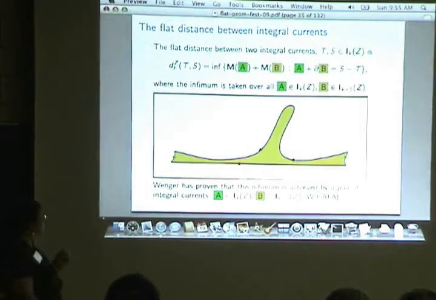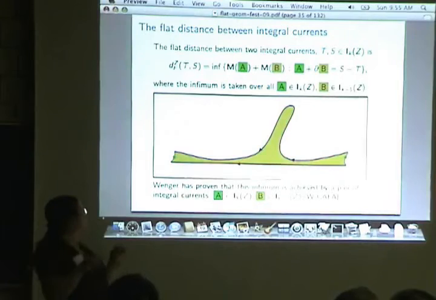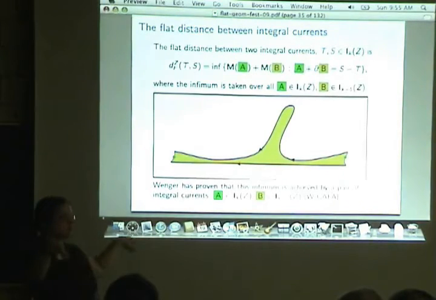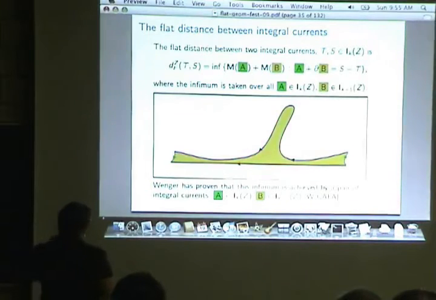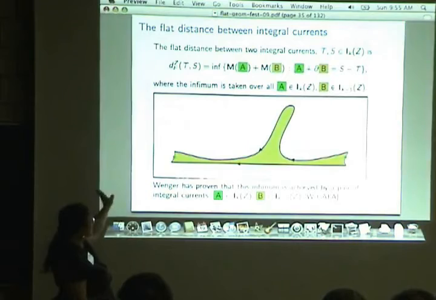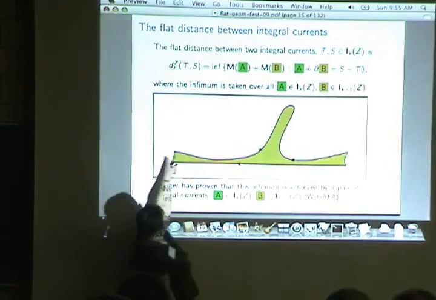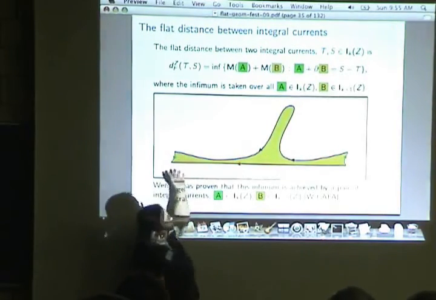Now this is just a one-dimensional picture. You'll notice the B is always one dimension higher because it's a filling. So the B is like a filling, and the A is like, let's close it up so we can make a filling. Now, I could have made A very long, and then B would be too large in this setting. Or I could make A come in more if I wanted to make B smaller.